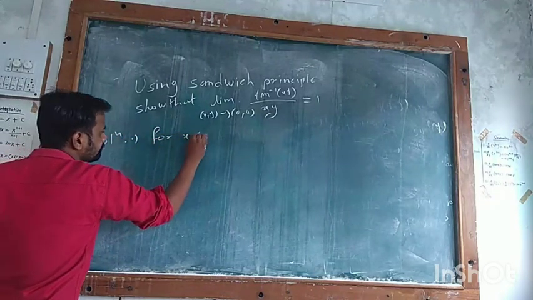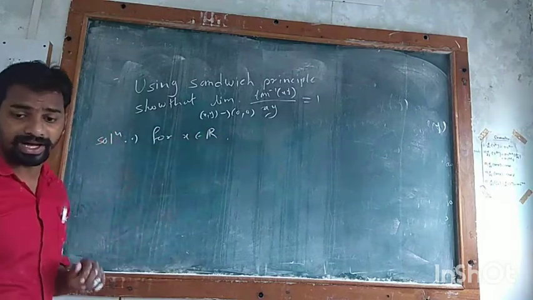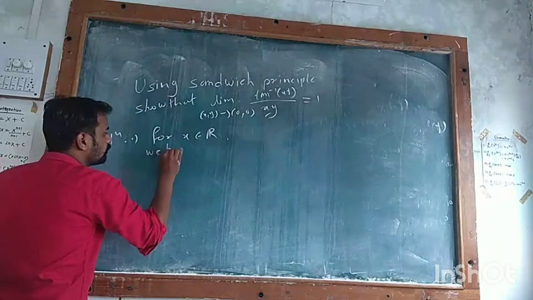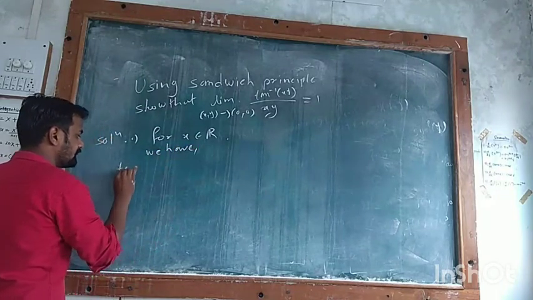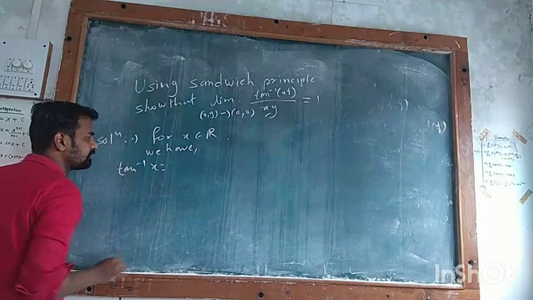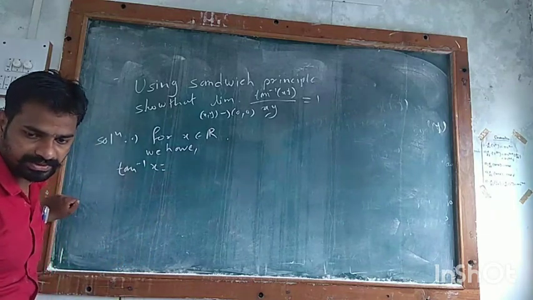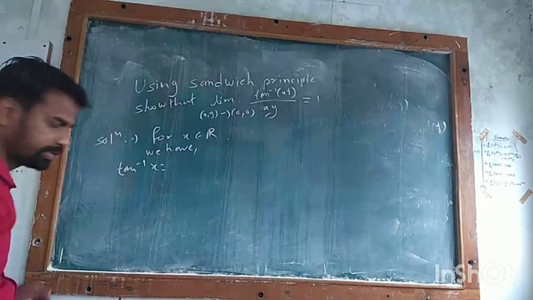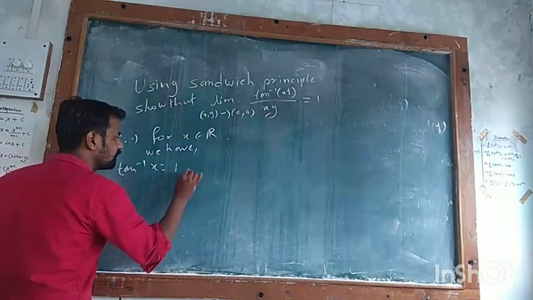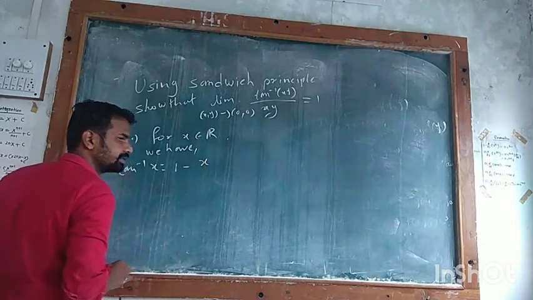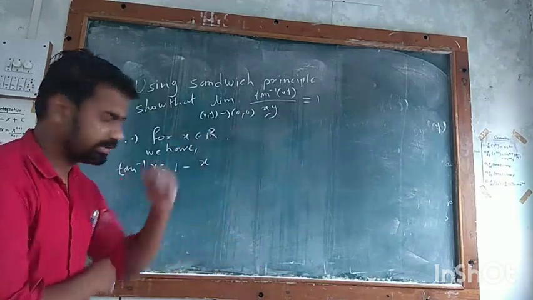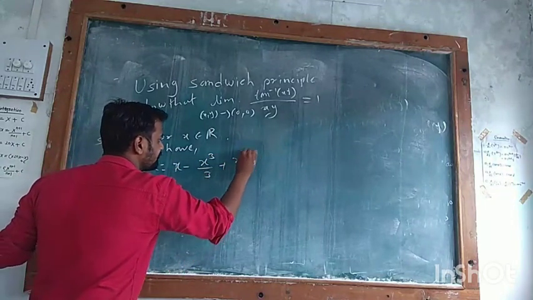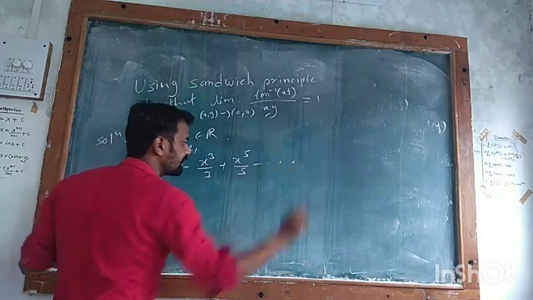Solution: for any x belonging to R, we have tan inverse of x equal to x minus x cube upon 3 plus x raised to 5 upon 5 minus, and so on.